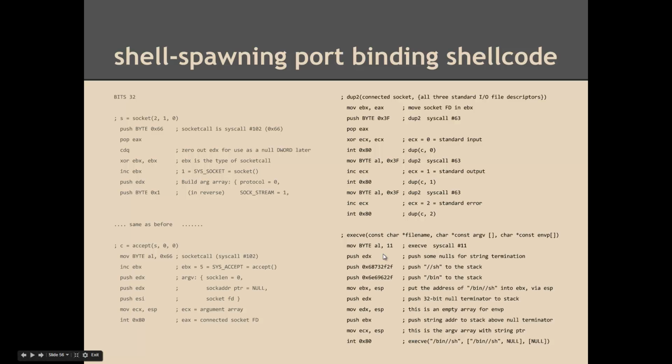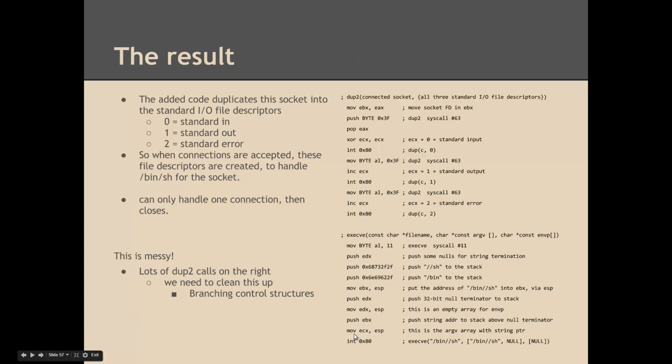So this is all still just port binding shellcode, picking up the previous discussion. This execve shellcode is nothing new. It's just setting up a string and then, in a position independent manner, passing all the arguments to the execve system call, and then once int 0x80 is called, the payload is in effect.